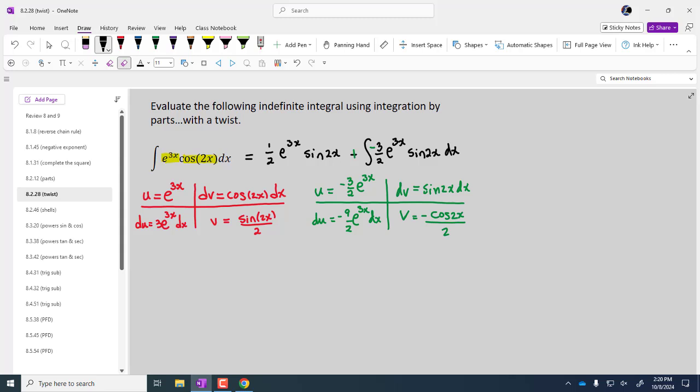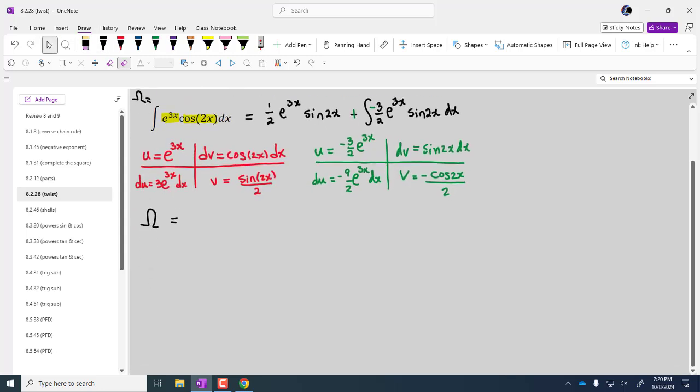So let's go with our naming convention. We called this omega while we were doing it, so let's go ahead and do that again. So omega is the original integral. We are going to write this as 1/2 e to the 3x sine 2x plus u times v.